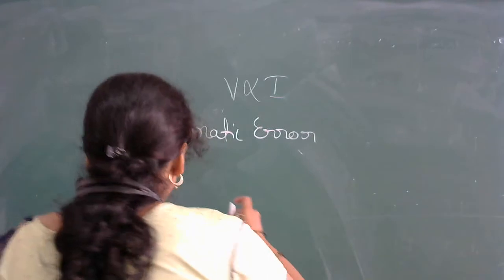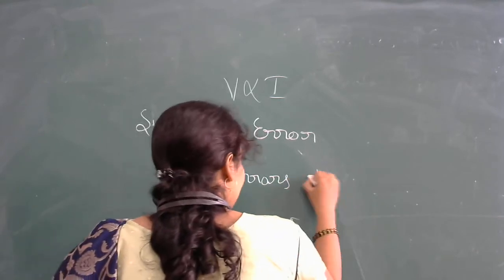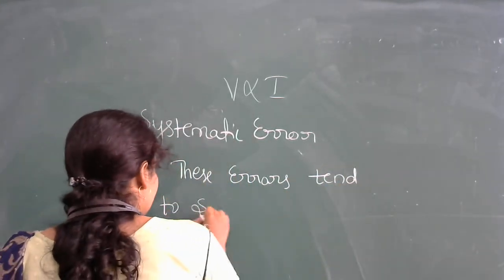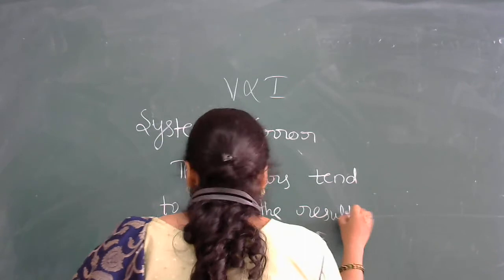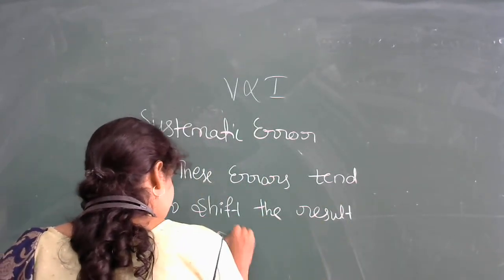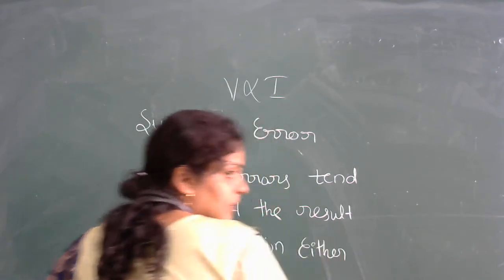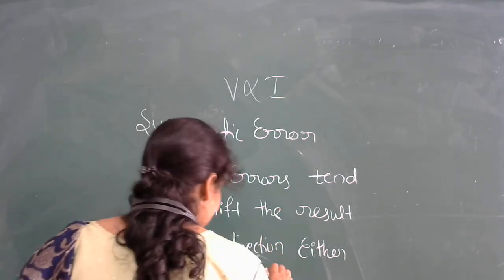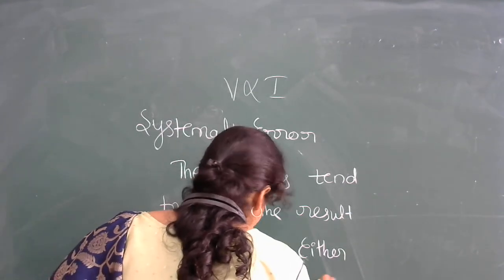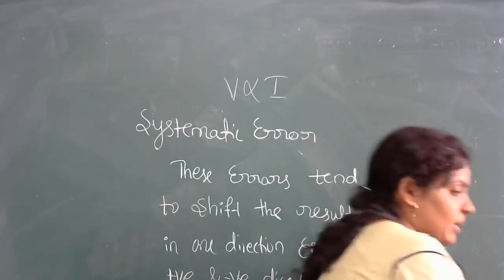The definition is, these errors tend to shift the result in one direction, either positive or negative direction, that is known as what?